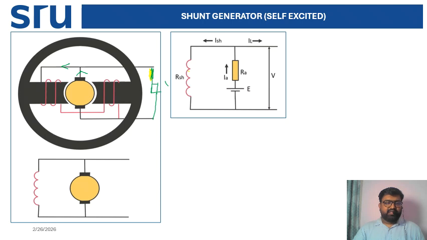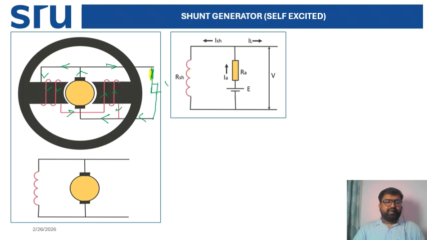You see the field winding, the current is coming, then it will again merge. And what will happen in armature winding? It will go like this, and here it will come. Then again it will return.